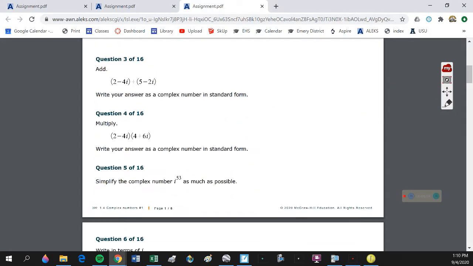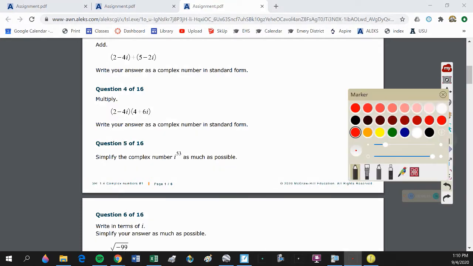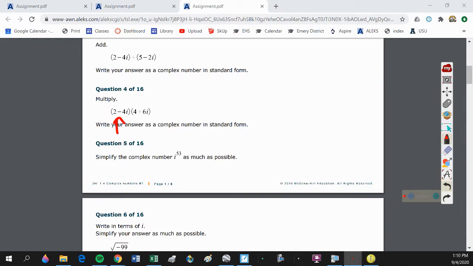All right. Adding imaginary numbers. All you do is combine like terms. So every complex number has a real portion and an imaginary portion. You just do, oh, wrong problem, sorry. Real plus real is 7. Imaginary plus imaginary is imaginary, and that's the end.